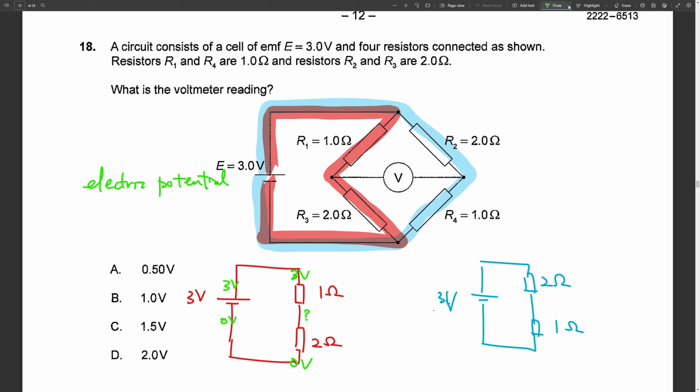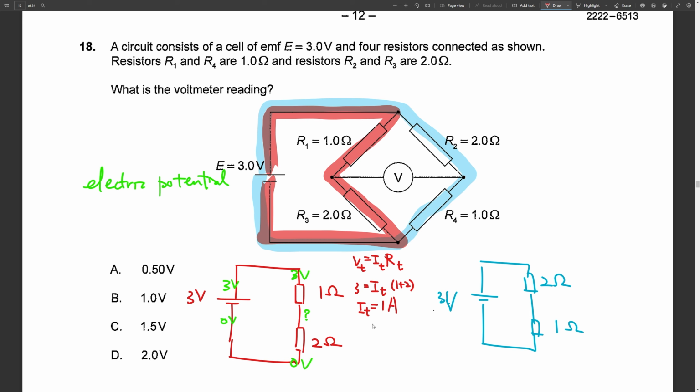At that point, we should first study the total voltage, total current and total resistance. Let's put down T as a subscript to remind yourself it is the total value. The total voltage will be 3, total current is unknown, and the total resistance in the red circuit is 1 plus 2, which gives the total current of 1 ampere.